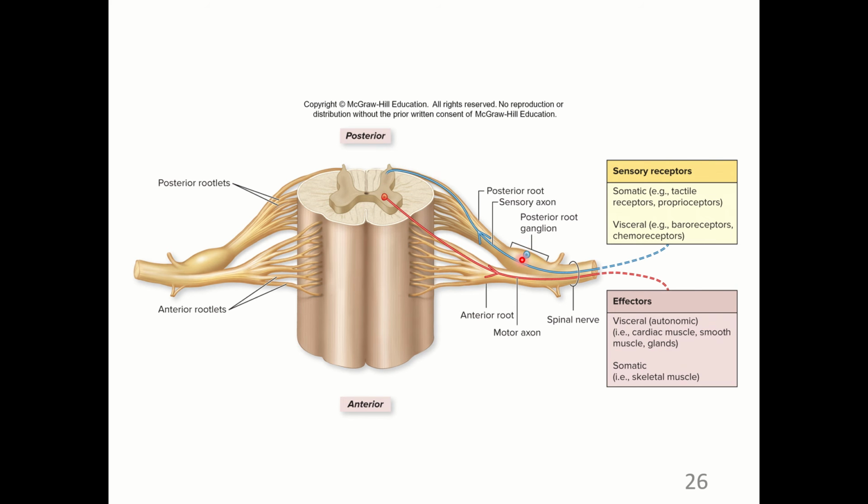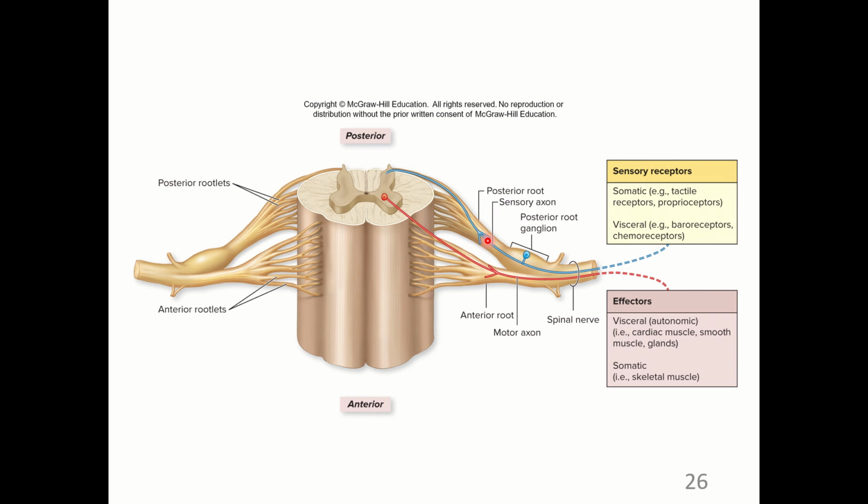Recall that the cell bodies of the sensory neurons are located in the posterior root ganglion, and they will synapse in the posterior horn. The motor neurons will have their cell bodies in the anterior horn and will then send their axons out into the spinal nerve as they travel towards the muscles.